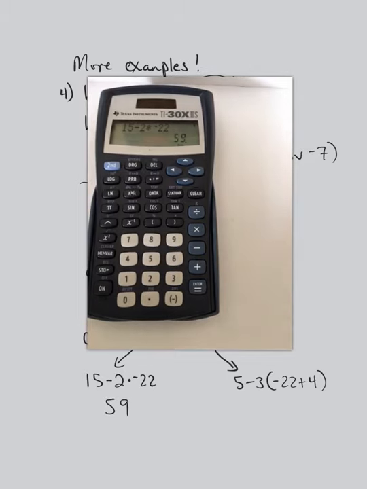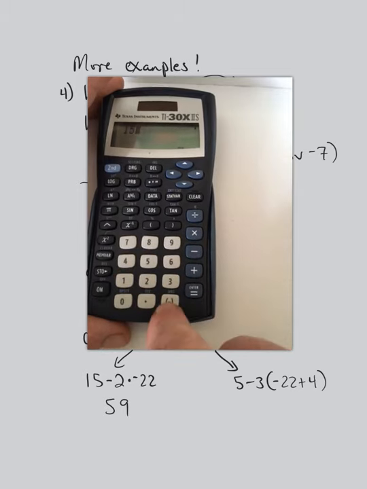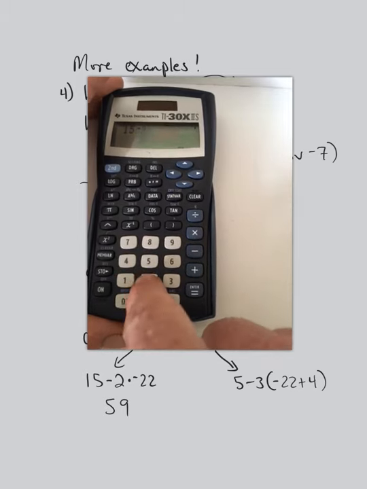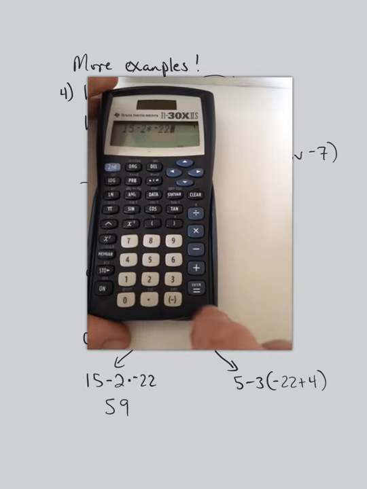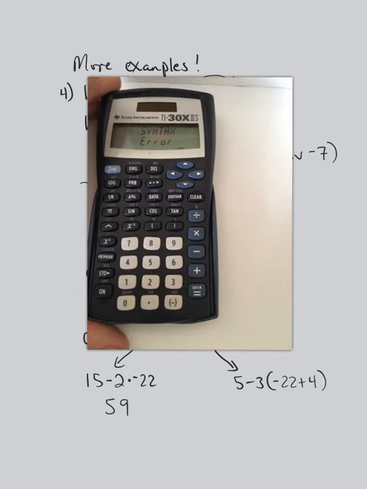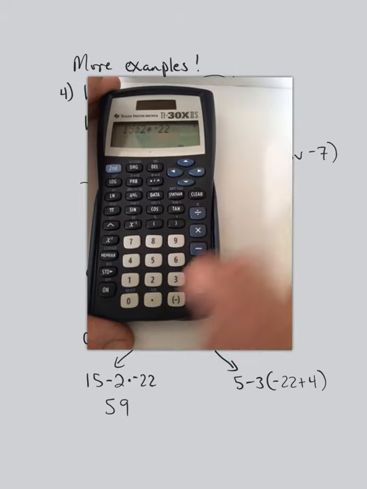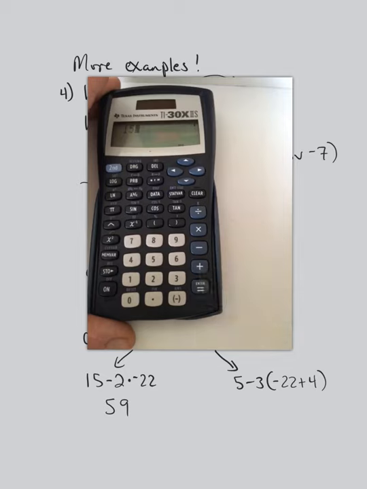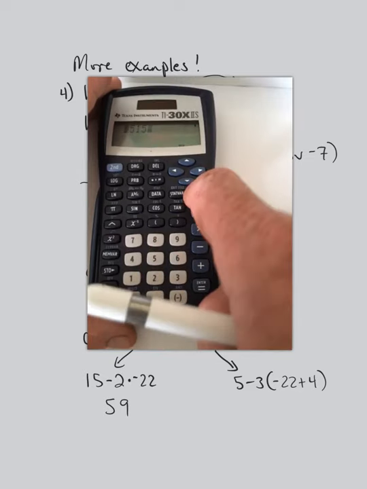Okay, like that. But let's see. First of all, look at this. If I type 15 and I accidentally hit the negative key, okay, times negative 22, like that. See, I get an error because it doesn't know what I'm even trying to type. And then if I accidentally didn't use the negative key right here, if I use the subtraction key, it's going to give me something very different than what I should be getting.